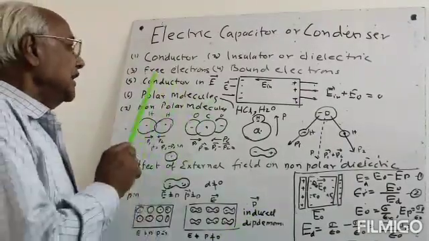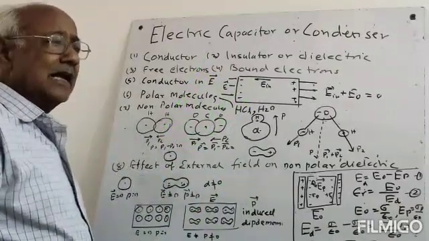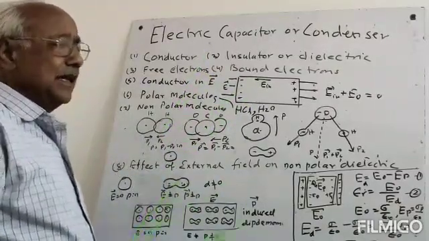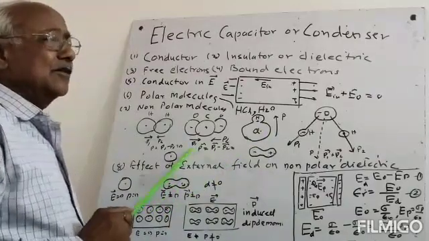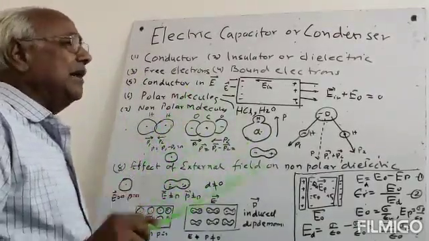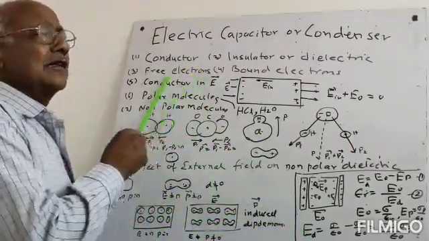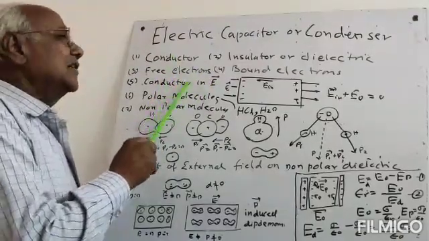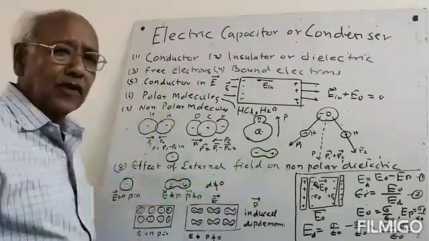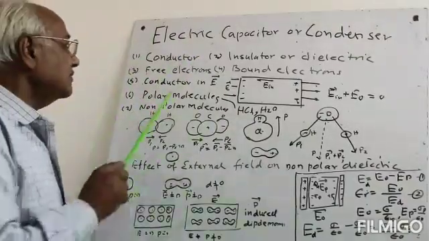So, in a conductor, free electrons are available. In the material, the free electrons are randomly moving, but they cannot leave the metal. So, these electrons are known as the free electrons, and free electrons are responsible for the flow of current in the material.